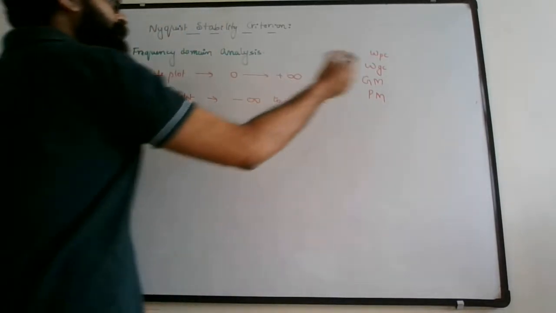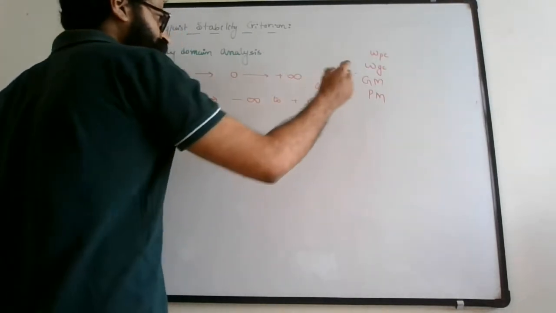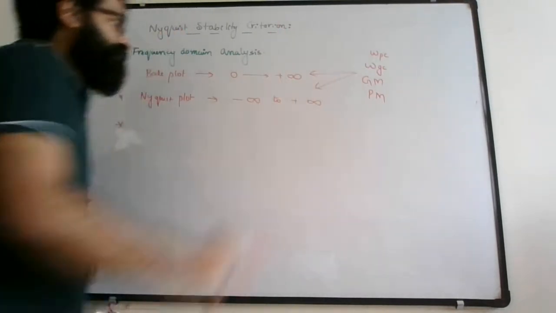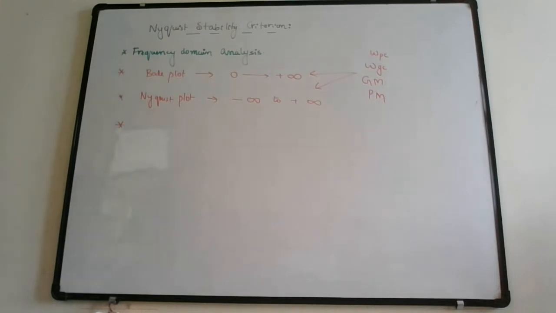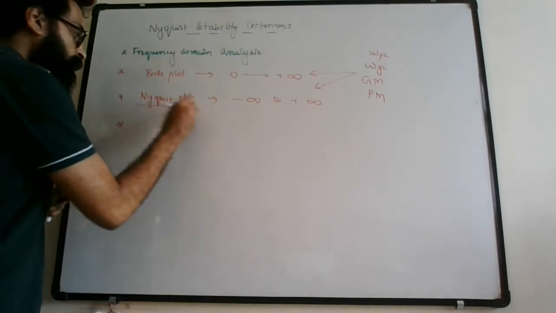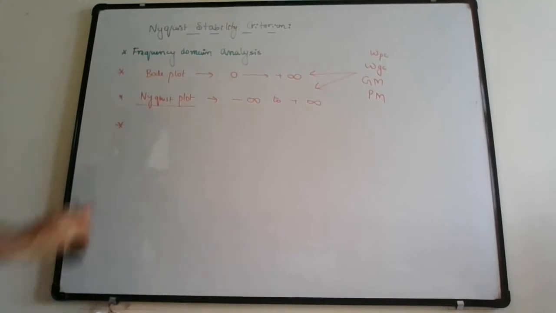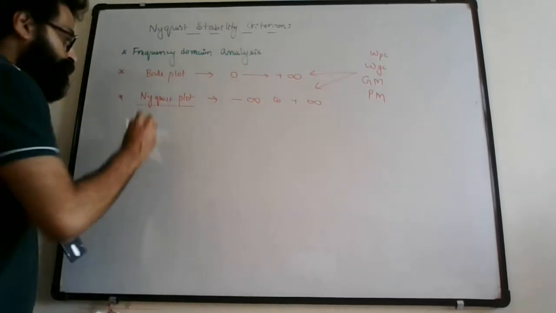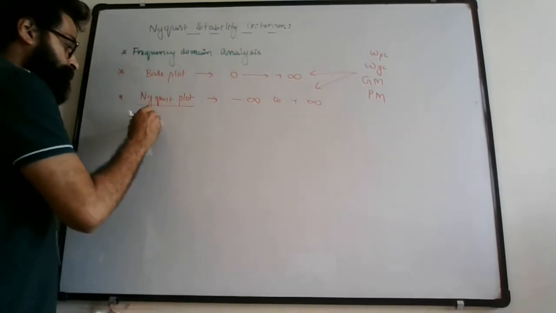So Bode also gives gain margin, phase margin, etc. So does the Nyquist plot, with the added advantage of wider frequency range, that is from minus infinity to plus infinity. Now, this Nyquist plot is basically derived from the principle of argument.